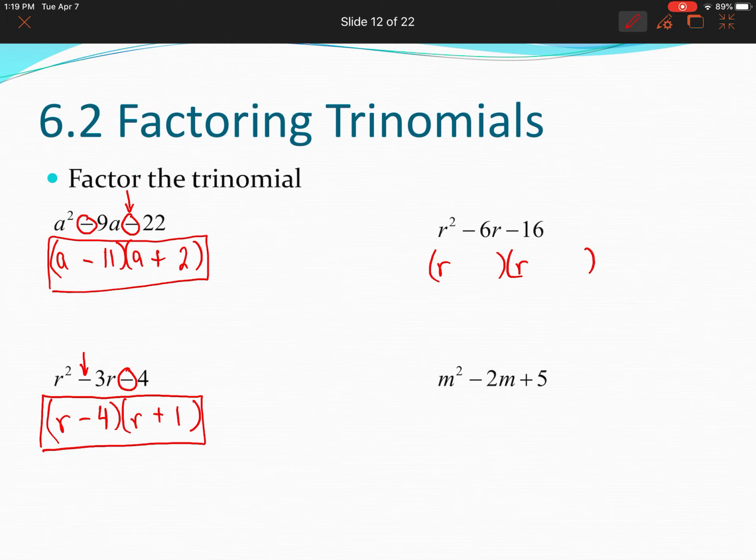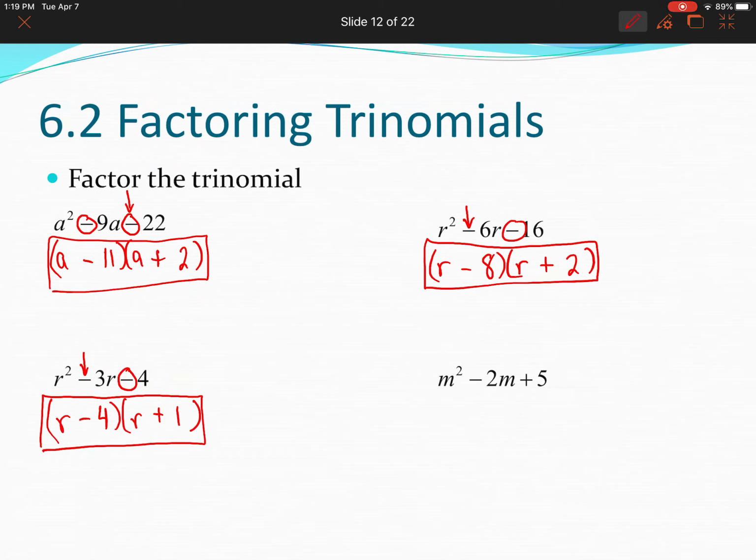So think about that. What multiplies to give 16, subtracts to give 6. Hopefully you come up with 8 and 2. Again, the signs are different. The biggest number gets this sign, so it's a negative 8 and a positive 2. And there's the answer.